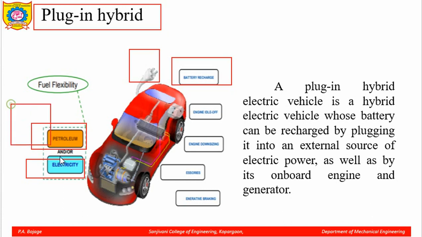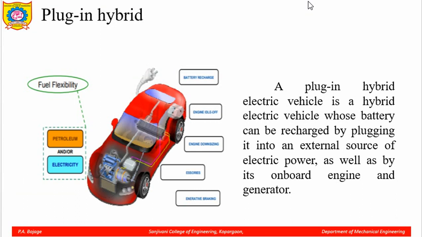So there is a flexibility of electric drive as well as a conventional IC engine drive. So basically the engine which is fitted to such cars is a downsized small capacity engine, which in turn drives the electric generator to produce electricity and then drives the power train.